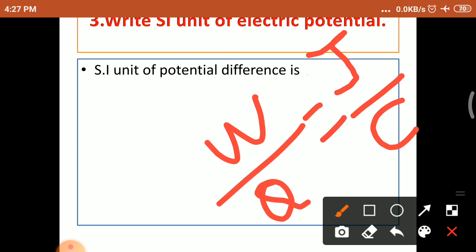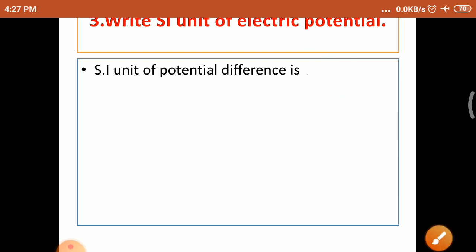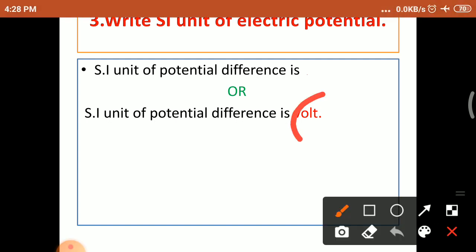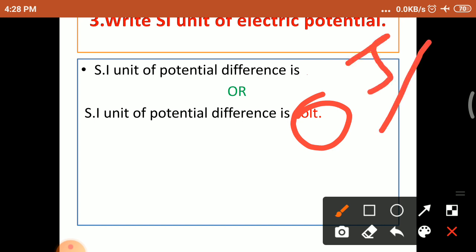So the SI unit of potential difference is joule per coulomb, or the SI unit of potential difference is volt. There are two SI units of potential difference: one is joule per coulomb and the other is volt.